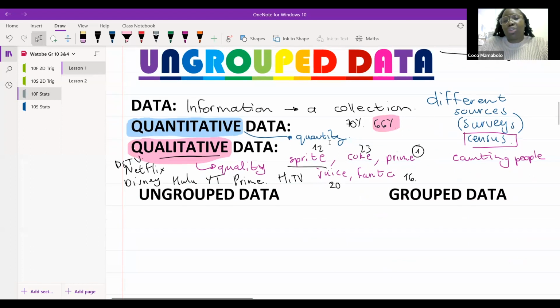All right. Let's go to grouped and ungrouped data, because this is where we're going to start seeing things as we see them. Does anybody know what the difference between grouped and ungrouped data is? Entle, hi, my sweetie. Can you tell us what's the difference between grouped and ungrouped data?